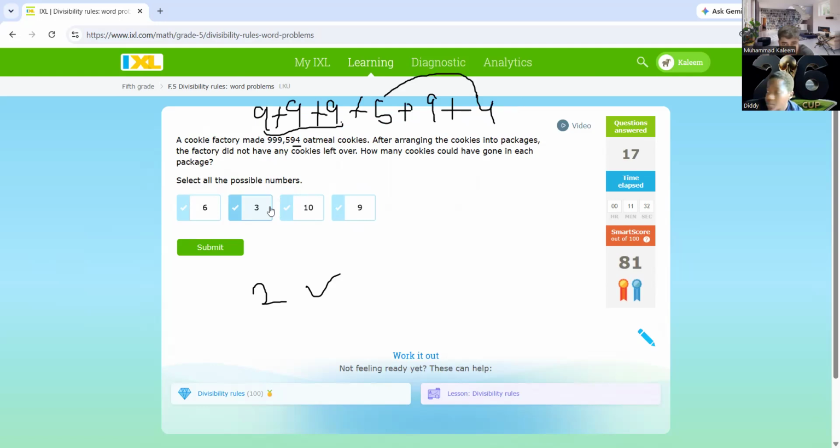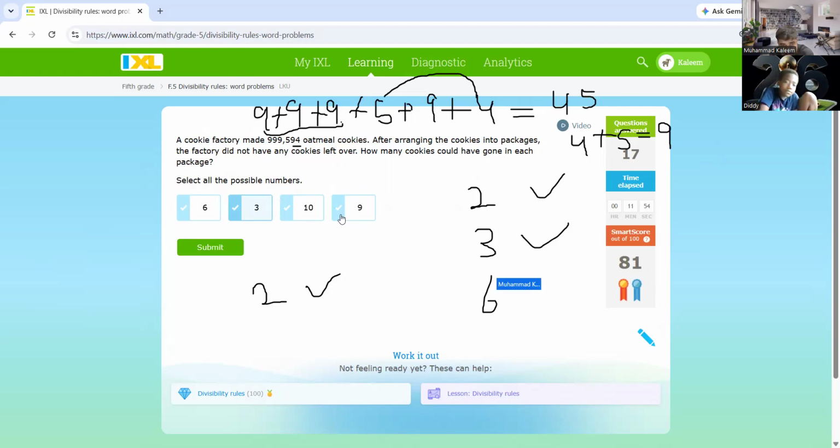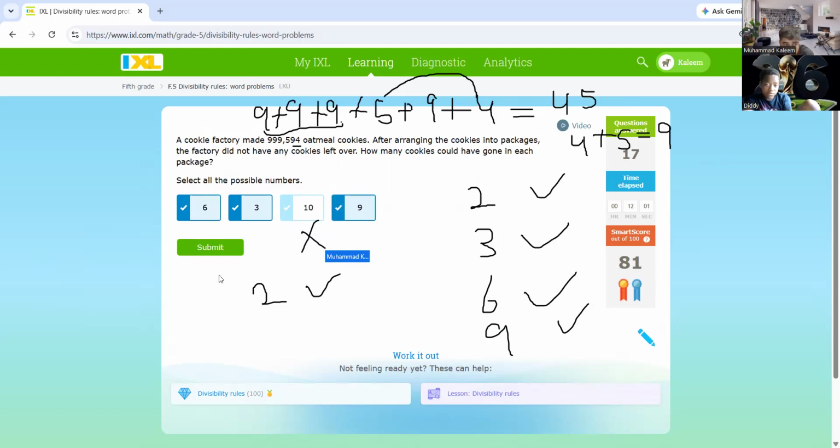If you are not sure 45 is a multiple of 3 or not, you can do addition again. 4 plus 5, that's 9. So it is divisible by 3, it is divisible by 2, so obviously it will be divisible by 6. And it's also divisible by 9. It's not divisible by 10. That's all. You understand it?